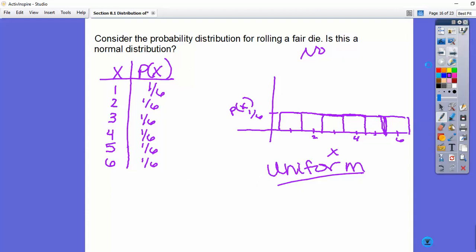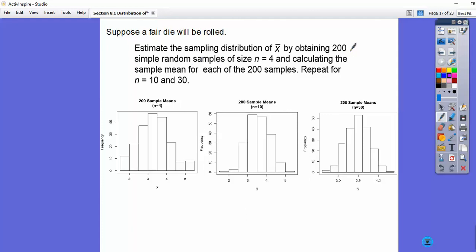If I wanted to get 200 samples of size 4, in other words, I'm going to roll the dice 4 times, calculate the mean, then that's 1. And I do that 200 times, so I have 200 averages. If you graph it, the distribution of the means looks like this. What does that look like? That looks a little more normal, doesn't it?